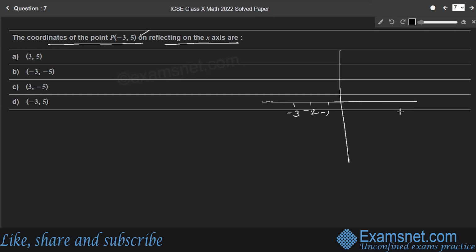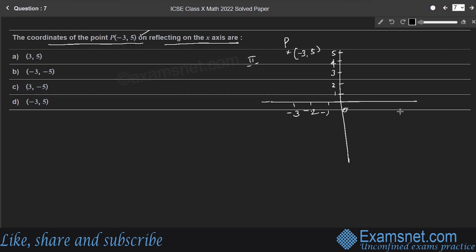Its y coordinate is plus 5, so here 1, 2, 3, 4, 5. Right? The y coordinate is 5. Therefore, point P is in the second quadrant. Its coordinates are minus 3 and 5.